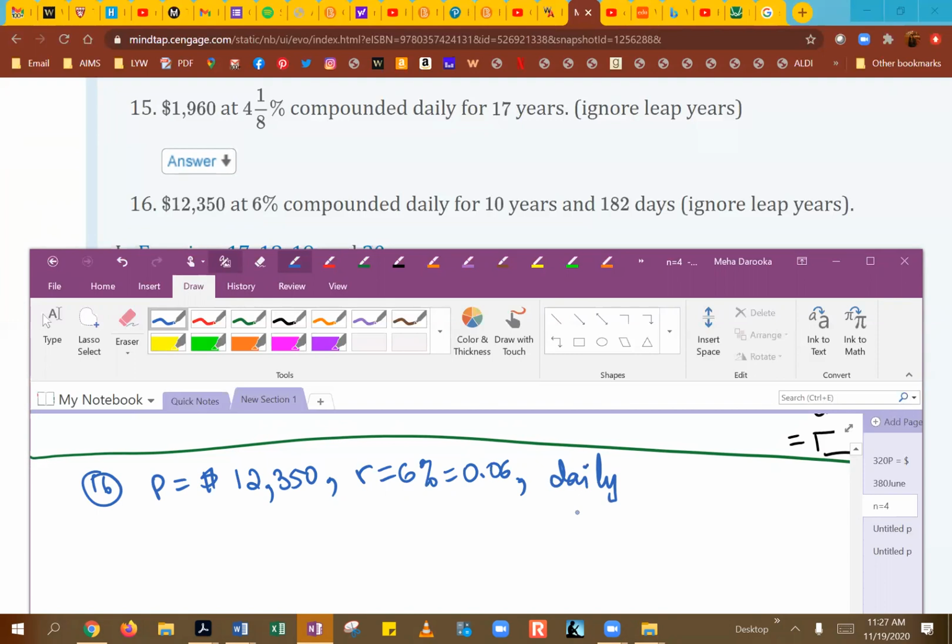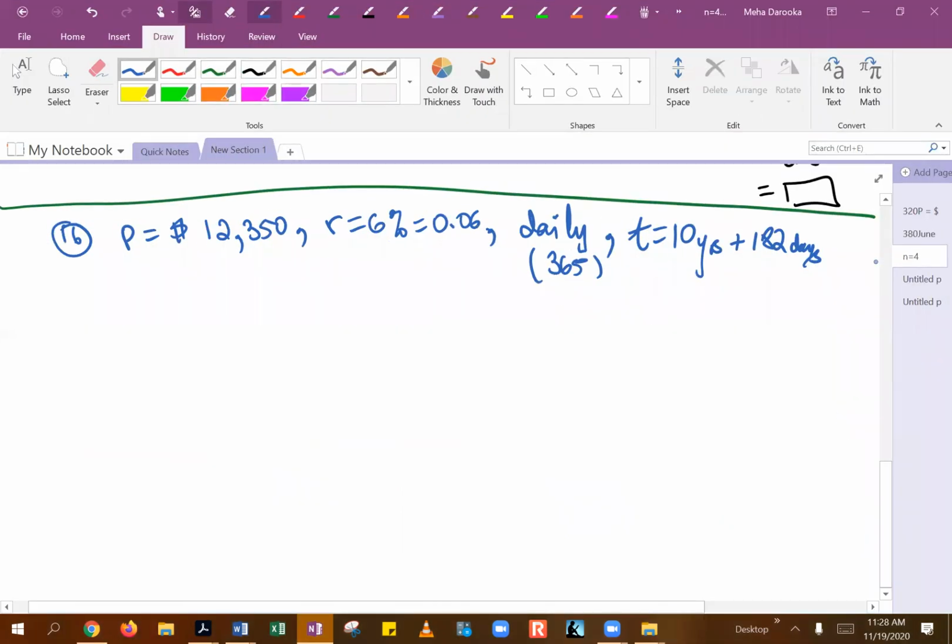And usually for daily, we use 365 days as our numerical value. And then they're telling us the time for this is going to be 10 years and 182 days. So of course, we would need to convert everything into years before we can put this into our formula.